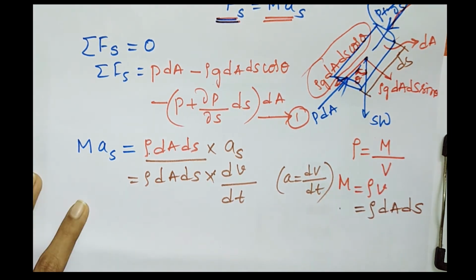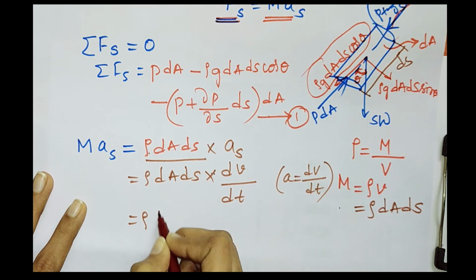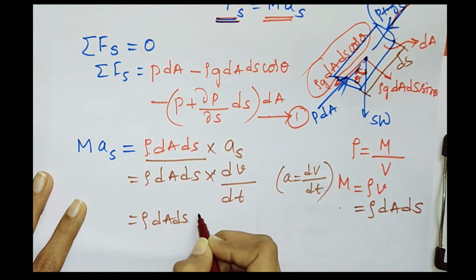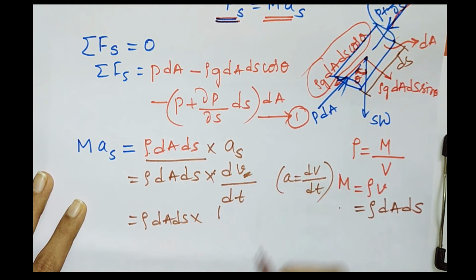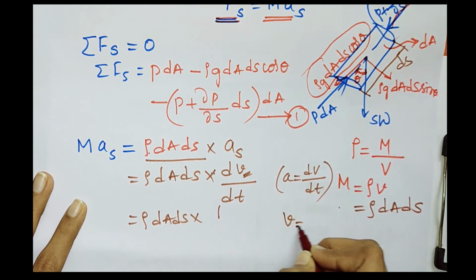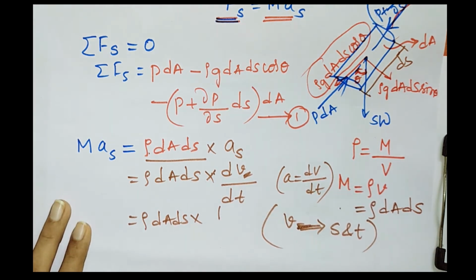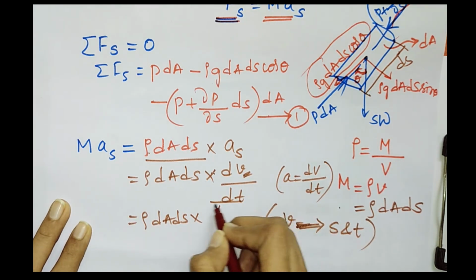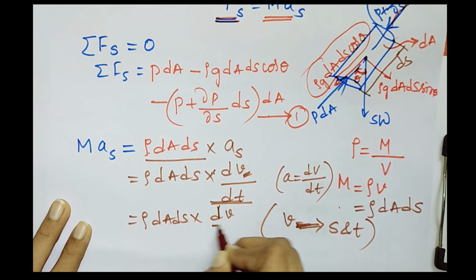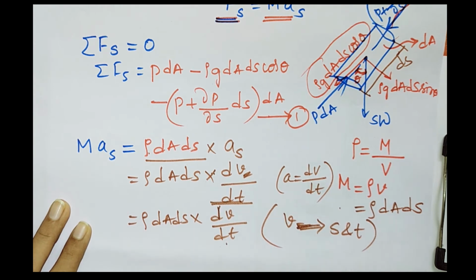But here, whatever this velocity is, the velocity is a function of both s and t. So if you take the partial derivative of this velocity, you will get the equation.